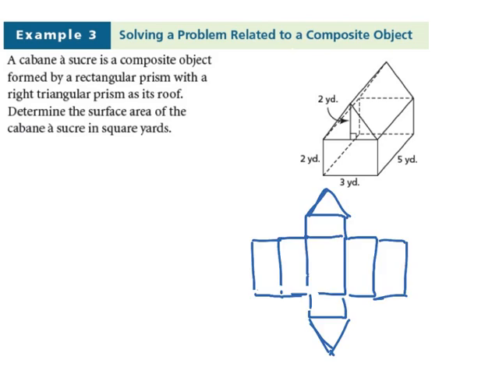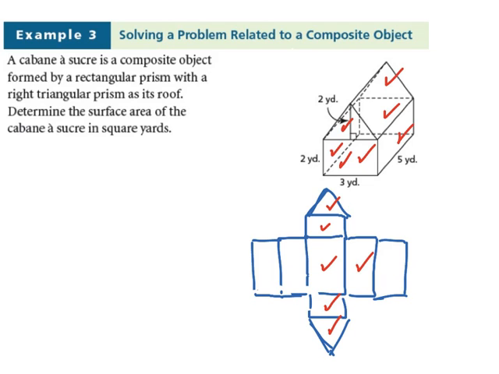Now, let's talk about this part. This is the base. The lateral face right here, and the back lateral face. The triangle roof, there are two. The side walls, there's one and there's two.